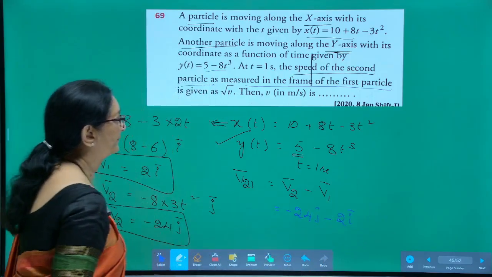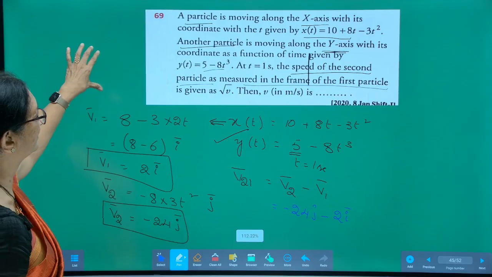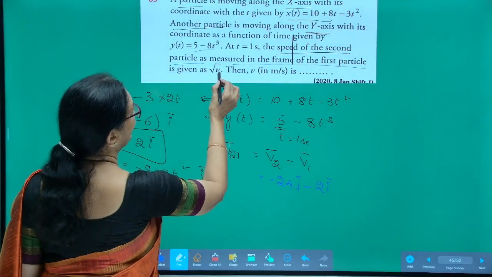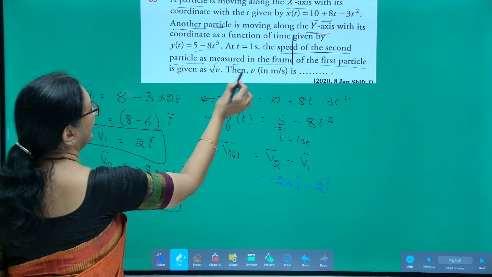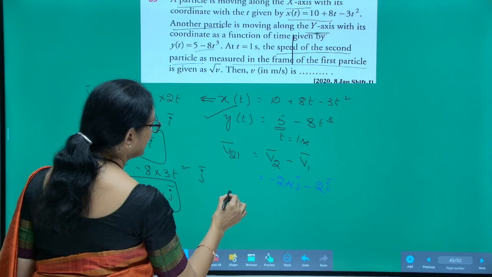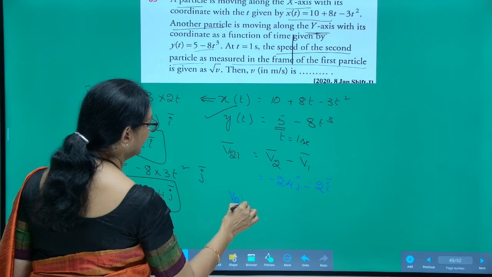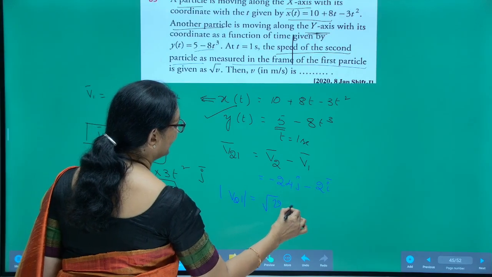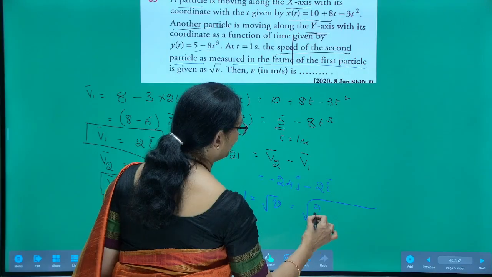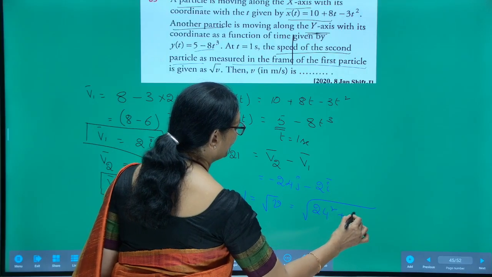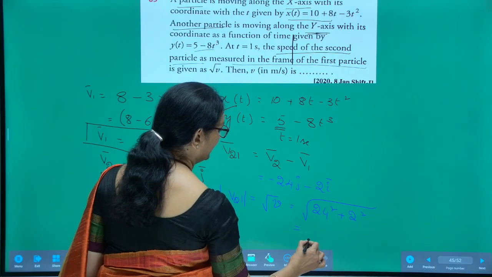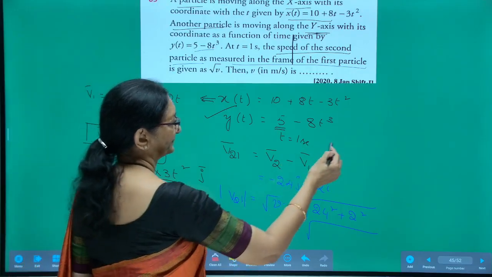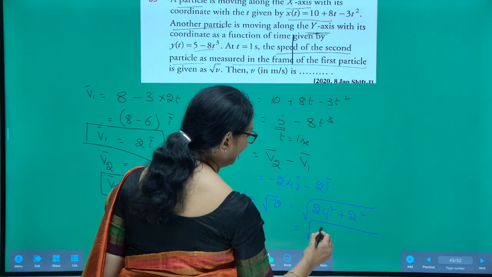See here, you are asked to find its magnitude. Because it is given as root V, you need to find out V. So v21 magnitude is given as root V, that is equal to square root of 24 square plus 2 square. So 24 square is 576.